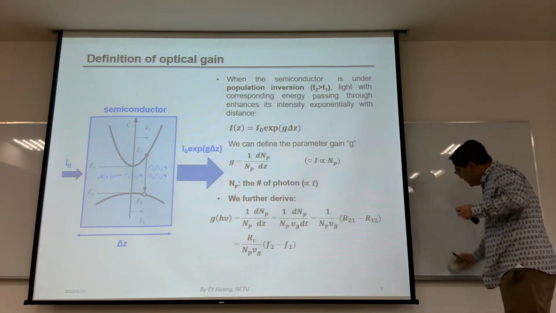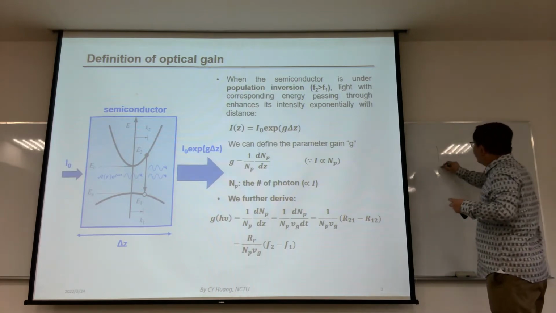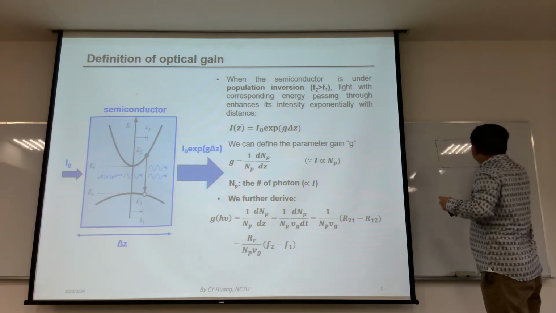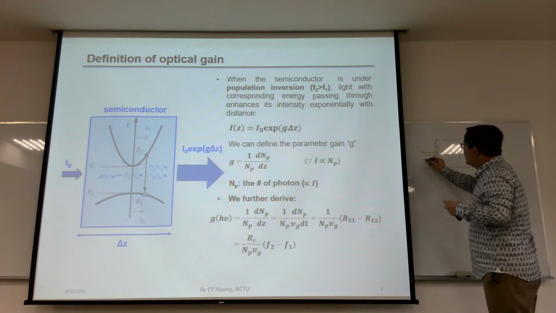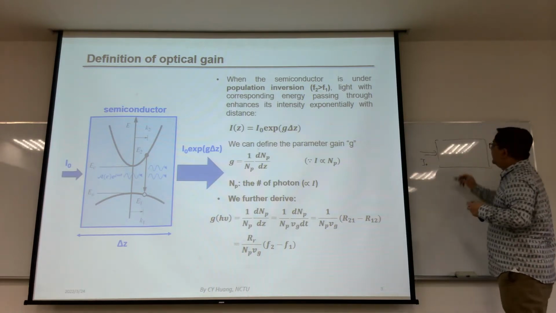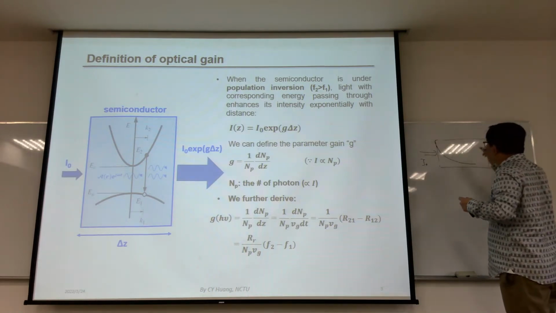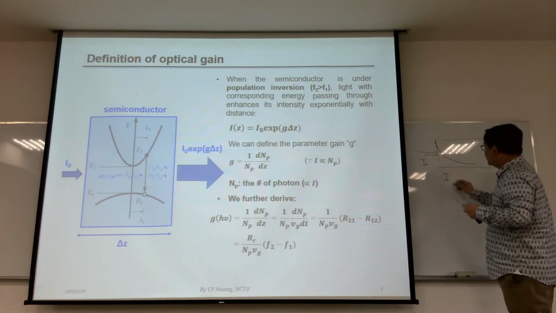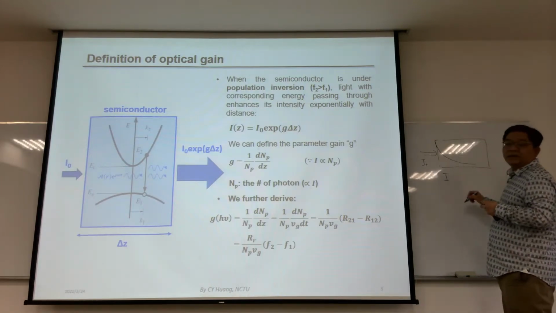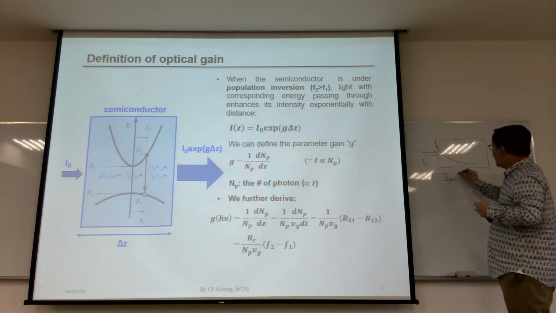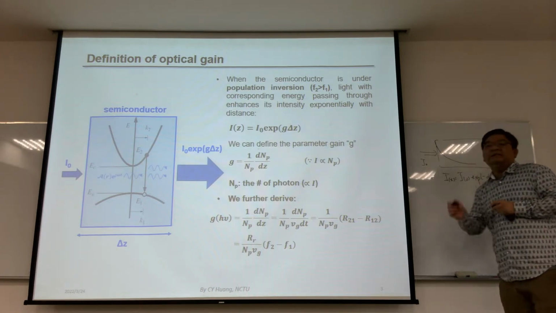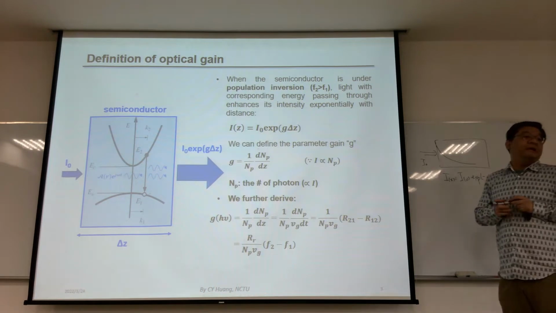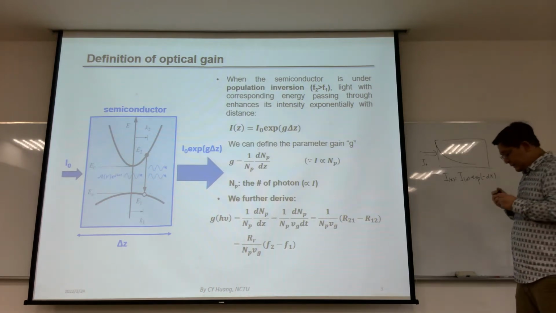If a piece of material is lossy, the incoming light is I0, and it will decay exponentially, expressed as the intensity I of x is I of 0 exponential minus alpha x. This is the Beer-Lambert law you probably encountered in chemistry class.